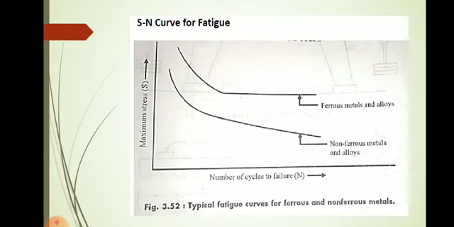Stress versus number of cycles diagram. Suppose we have applied a certain load; that load will create a stress acting on the specimen. If that stress is up to the yield strength or, suppose, the ultimate tensile strength, at that point the material will immediately fail without any rotation.